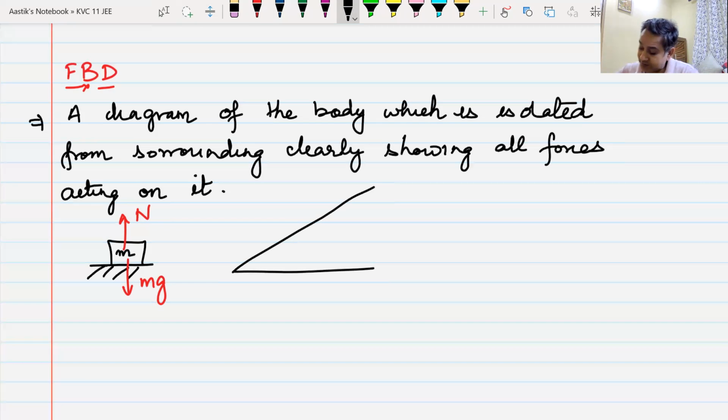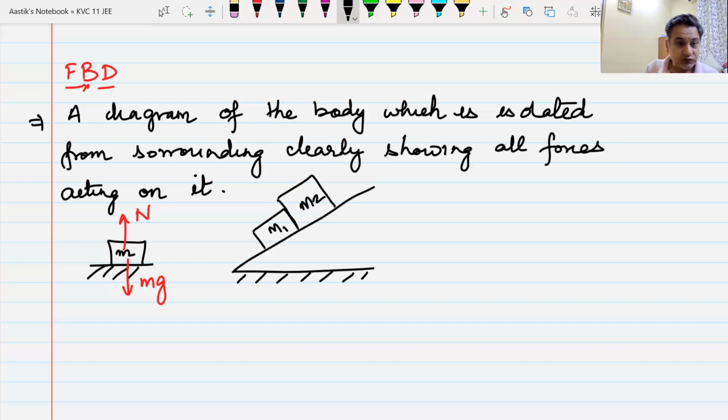You have two bodies kept like this, M1 and M2, and someone asks you draw the free body diagram of M1 and M2. How will you draw it?